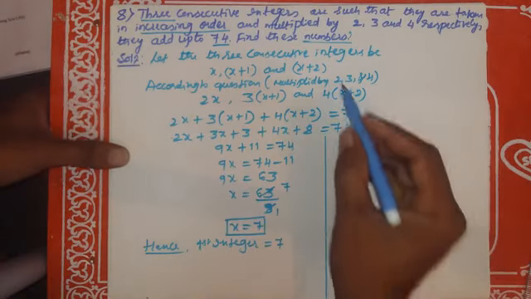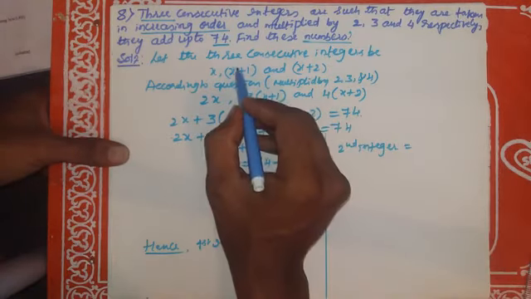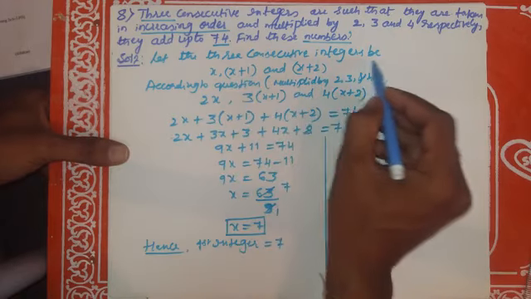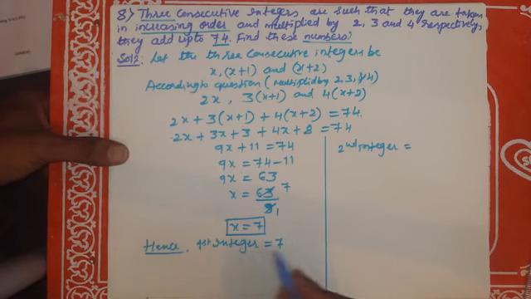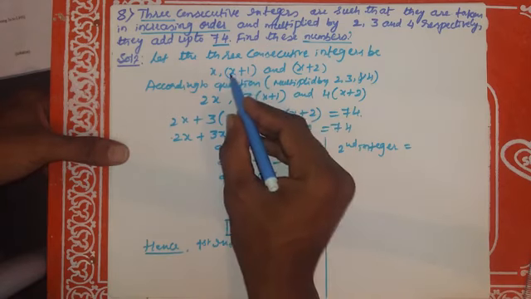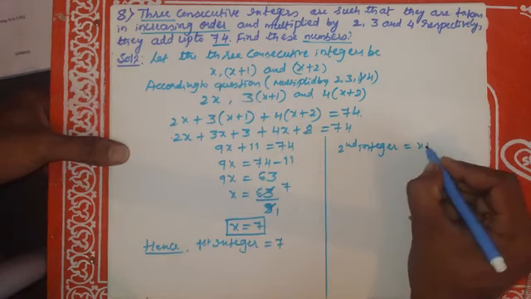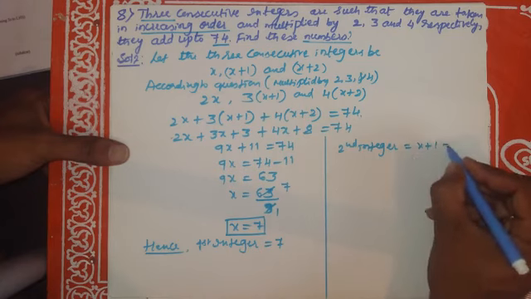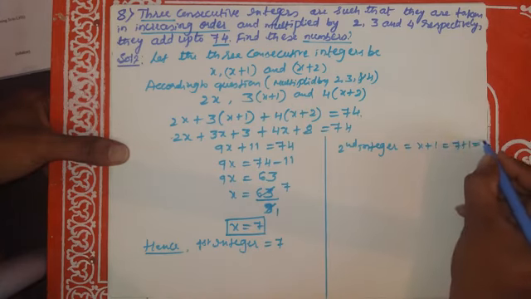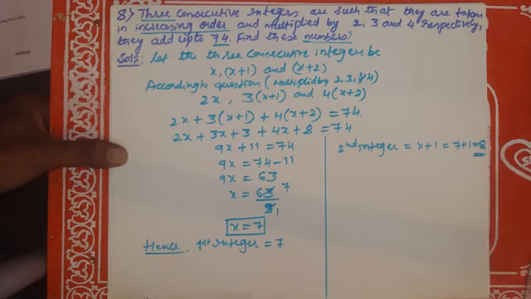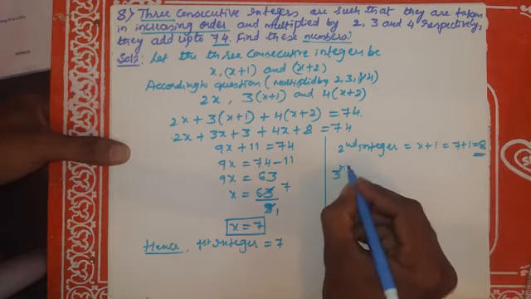Sorry, don't take this one, 3x plus 1. We have to take this one. Let the three consecutive integers be as given. This one we need to find. Okay, x is the first integer, 7, and the second integer is x plus 1. x plus 1 is equal to, x value is 7, 7 plus 1 which is equal to 8. Okay, next the third integer.